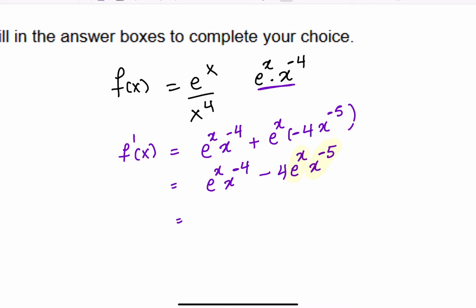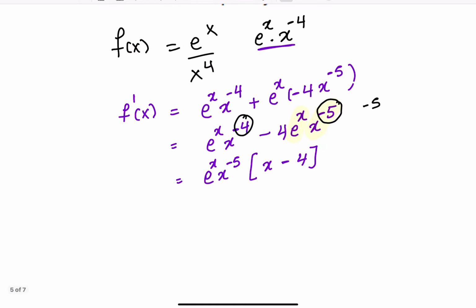And now I'm going to take e to the x times x to the negative 5 out. And here I have x minus 4. Remember, you always factor out the lowest common factor from negative 4 and negative 5. Negative 5 is common. So that's my first step.